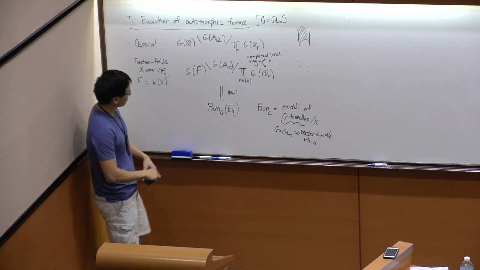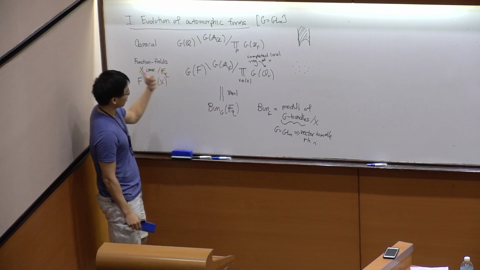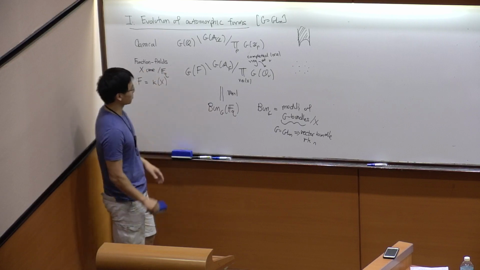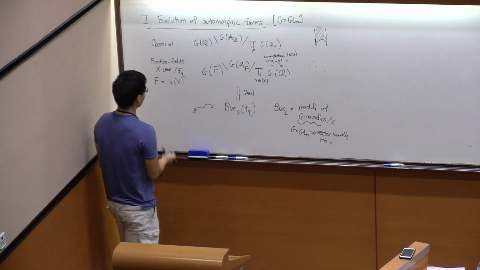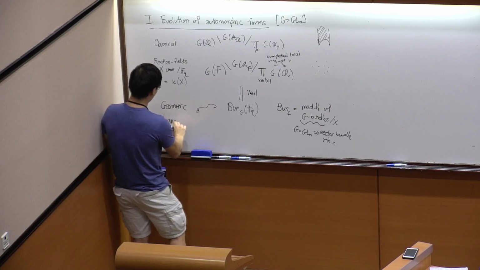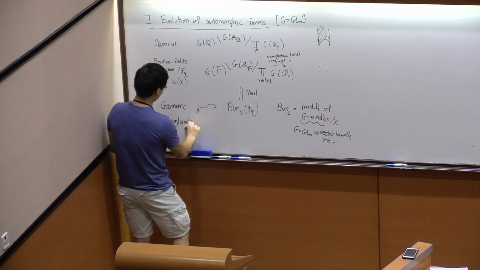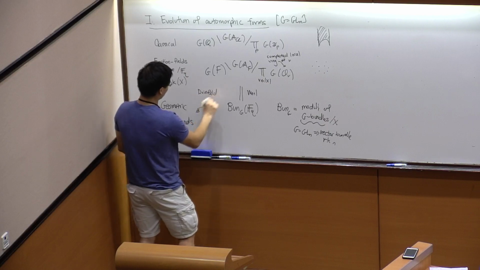Okay, and then instead of searching for functions on the set of rational points, one could search for automorphic sheaves on Bun_G. And so this leads into something called a further evolution of this notion, which is called the geometric Langlands program. And maybe this was pioneered by Drinfeld and Laumon.